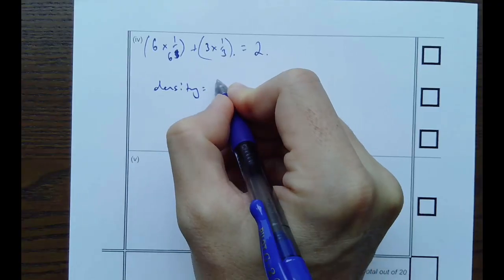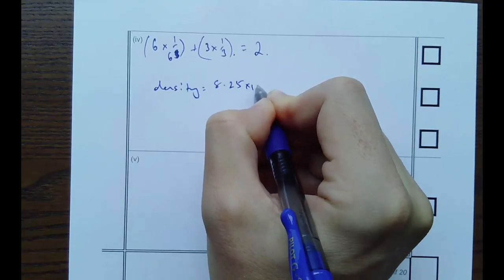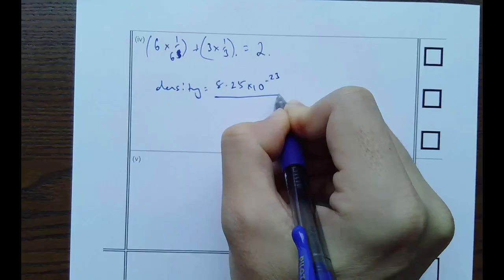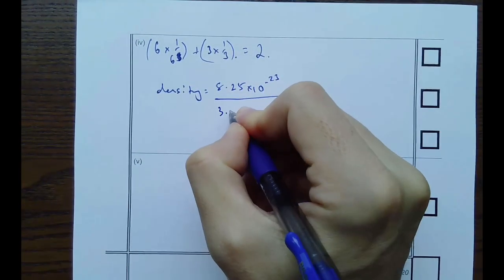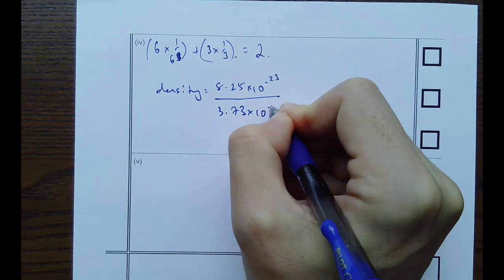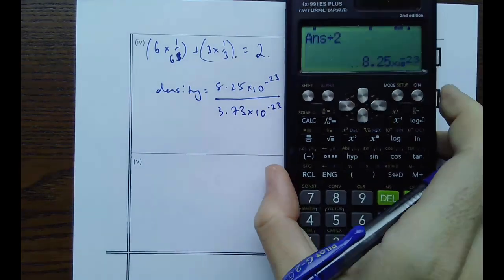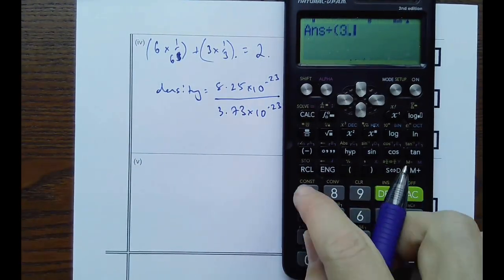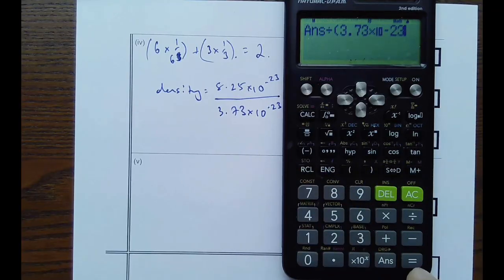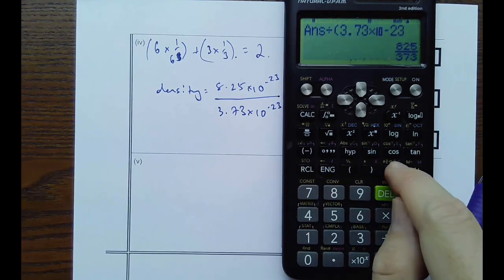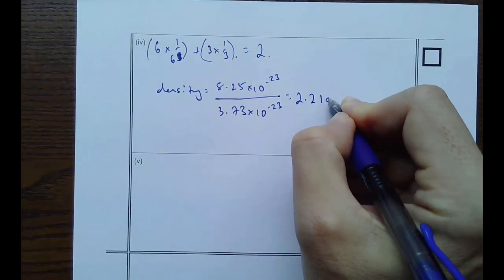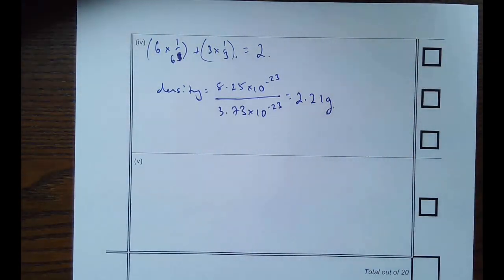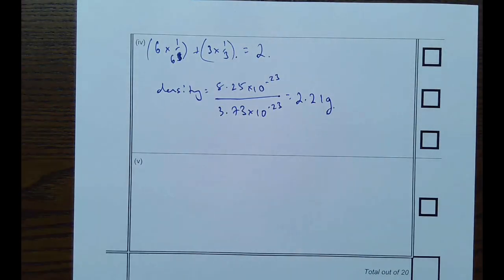My new mass is 8.25 times 10 to the minus 23, and I'm going to divide that by the volume that I just worked out, 3.73 times 10 to the minus 23, which gives me 2.21 grams. Again, it's the right sort of magnitude of value that we would want.